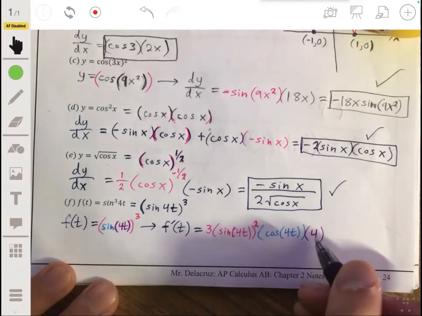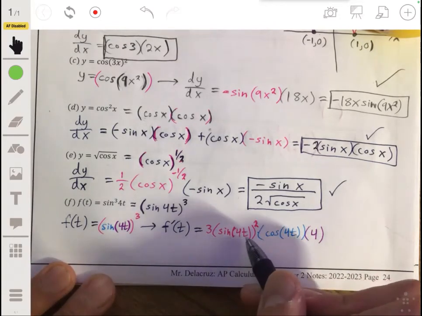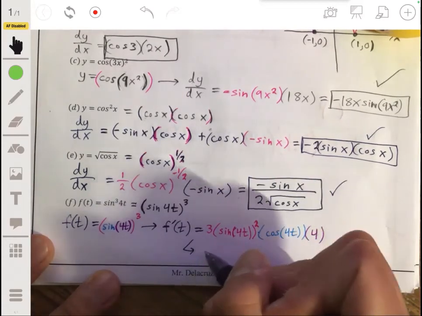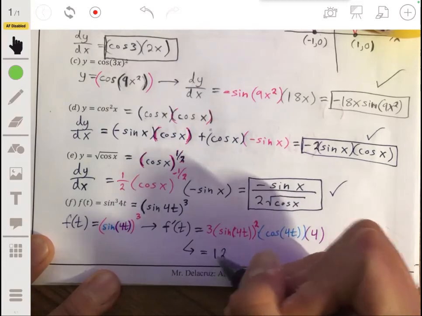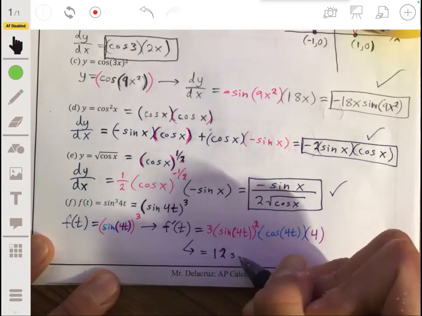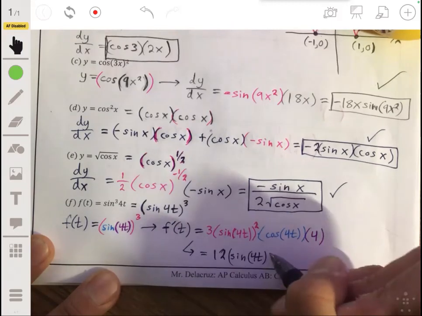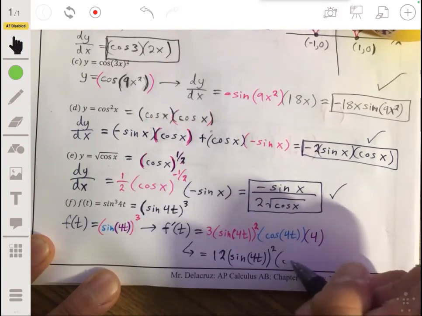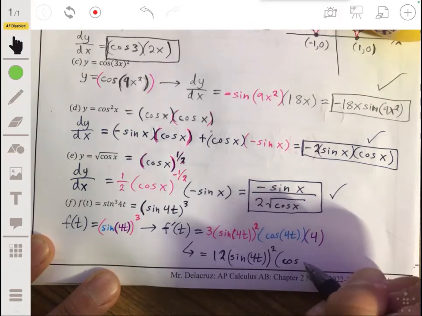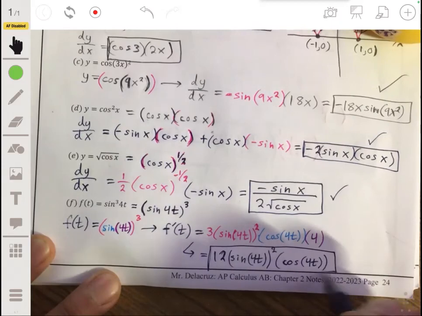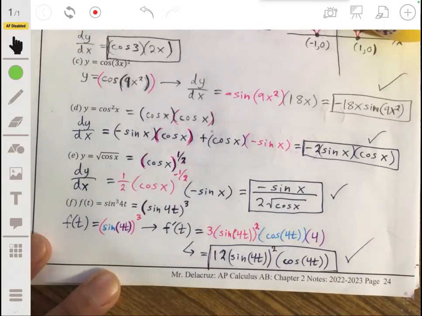And that'll be it. We just clean this up. It'll just be 12 times the sine of 4t all squared times the cosine of 4t. That's all there is to it.